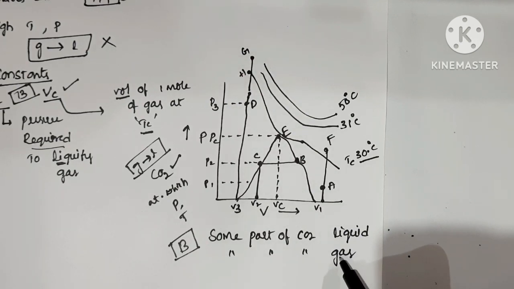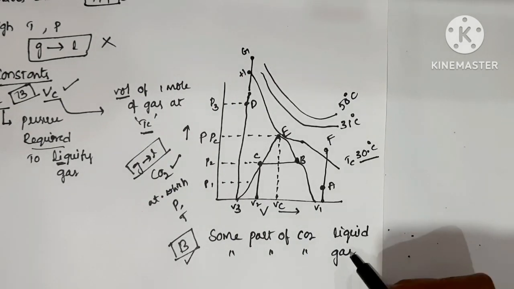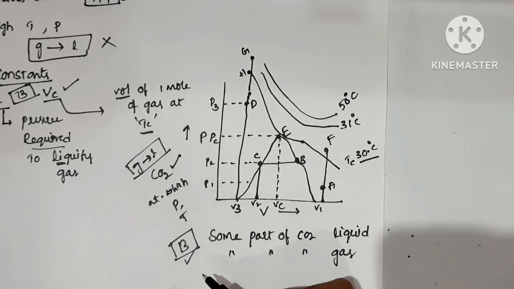That means both liquid and gaseous forms exist at B point. Both liquid state and gaseous state exist at B point, right?